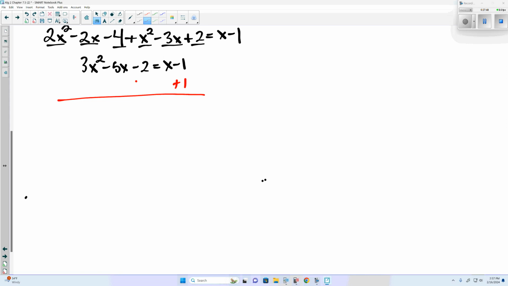We can add 1 to both sides. Notice that we have 3x squared minus 5x minus 1 is equal to x. Yes, we'd minus our x next, because we need to get this equal to 0.